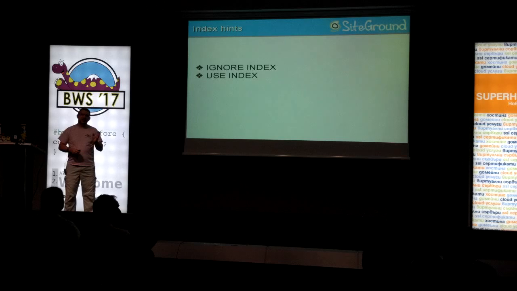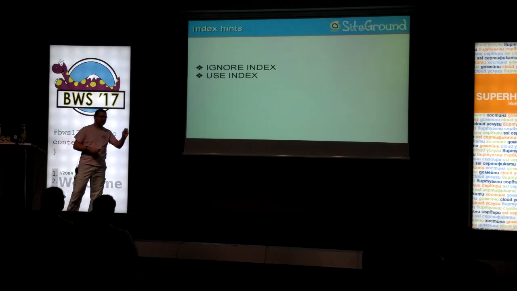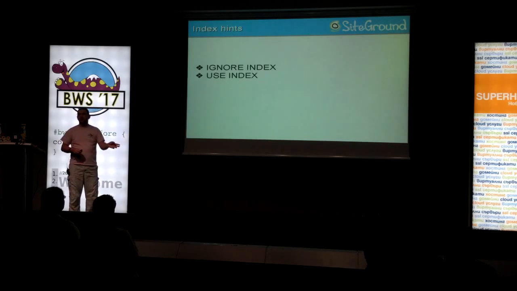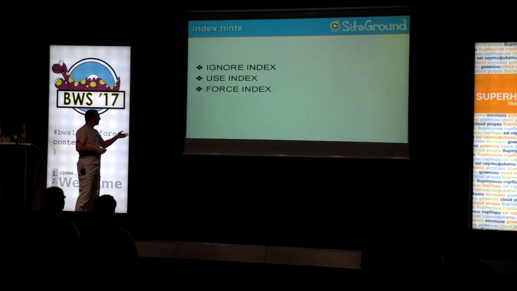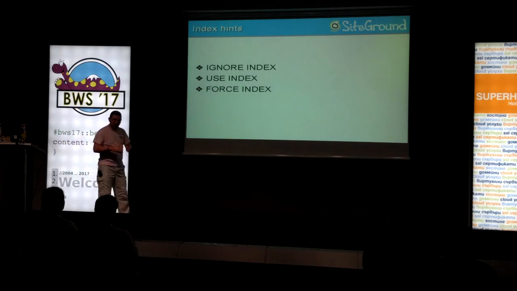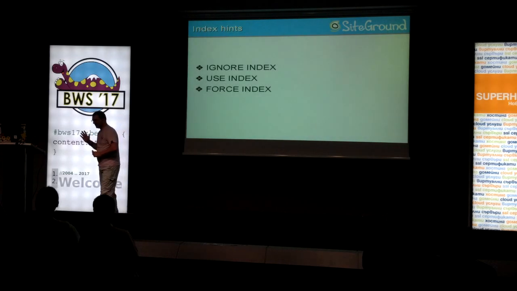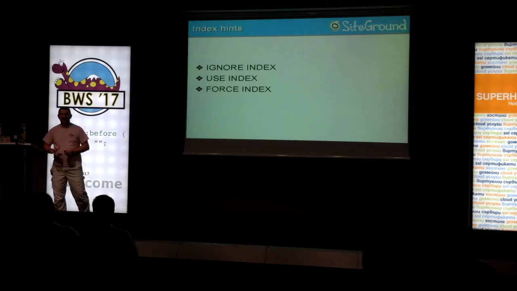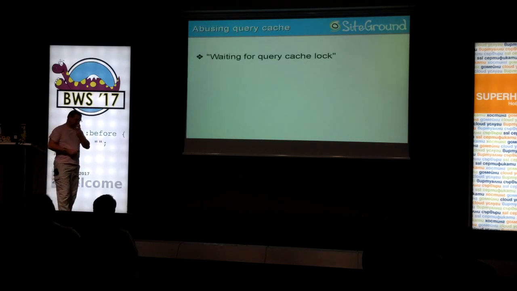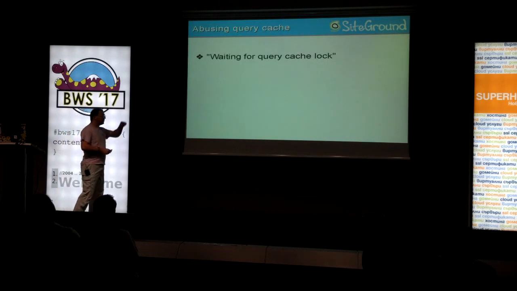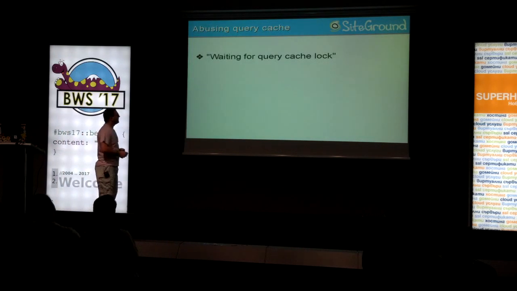Use index is a suggestion to the optimizer to use this index, but it can be overridden. And then we have force index, where we tell MySQL that we don't care about its decisions, we care about what we know is right, and it should use this index. Then I'll return back to indexes later.